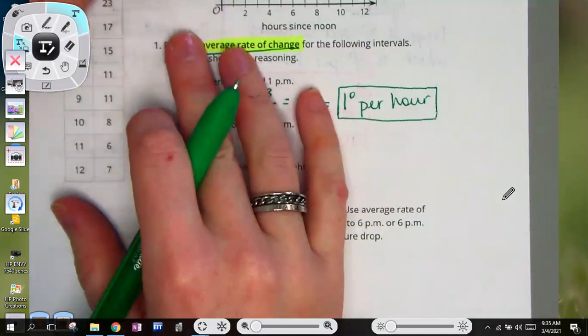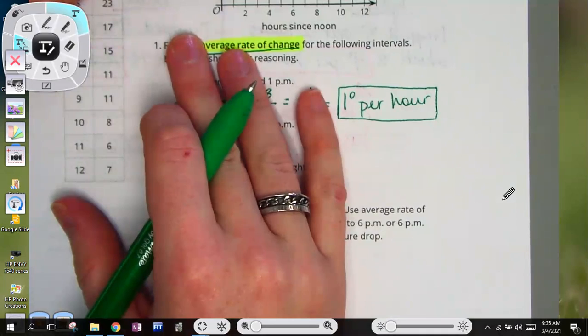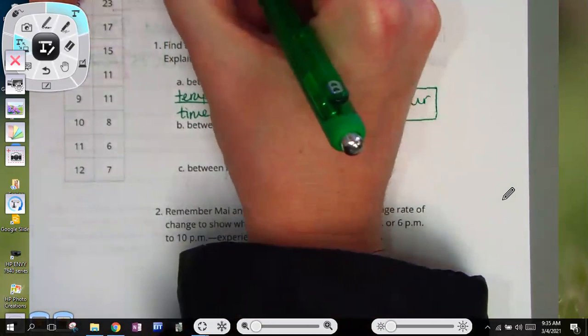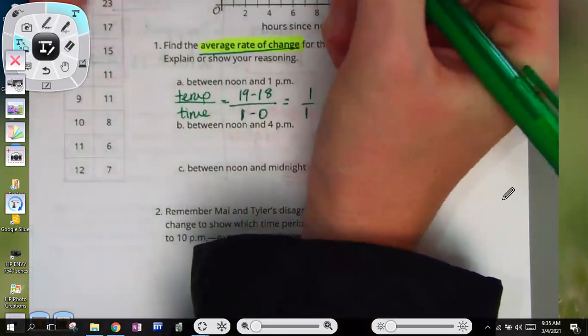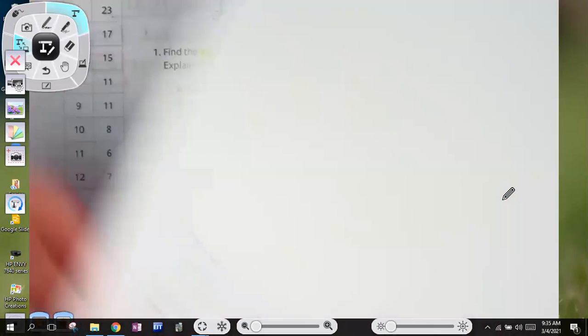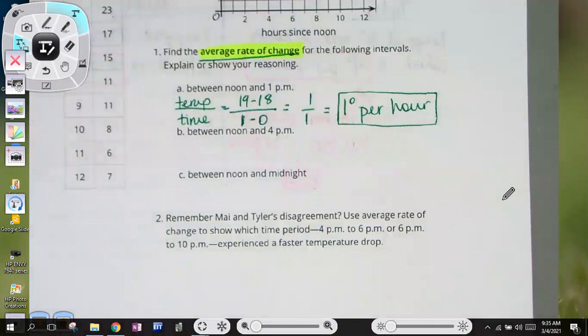What's 18 minus 7? What's 0 minus 12? 12. About 20 seconds left, and then we're going to talk about it real quick. Because then they got negative 12 on number C. I know it is a negative. I don't know if it's negative 12. Yeah, it is. 0 minus 12.